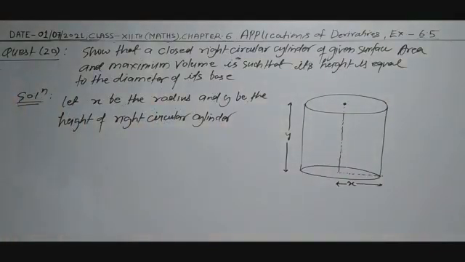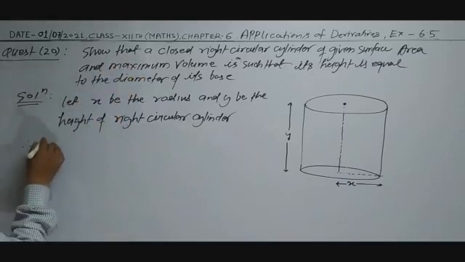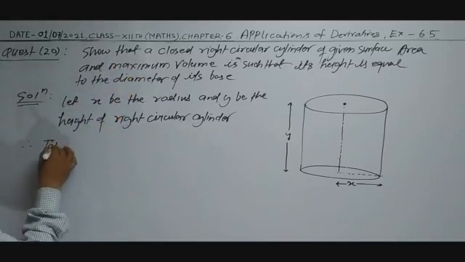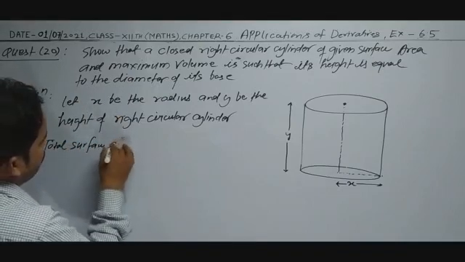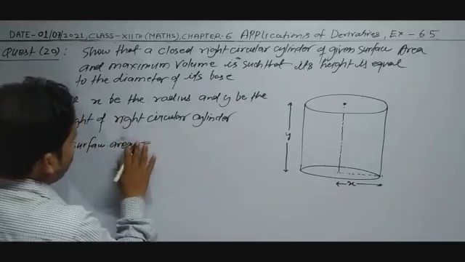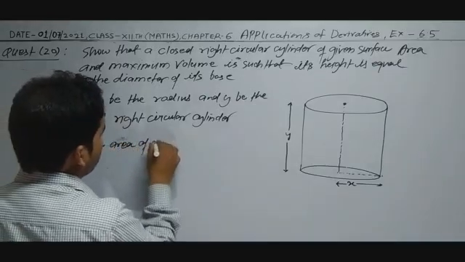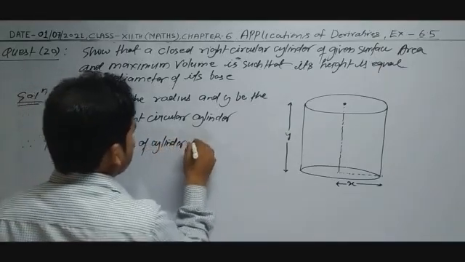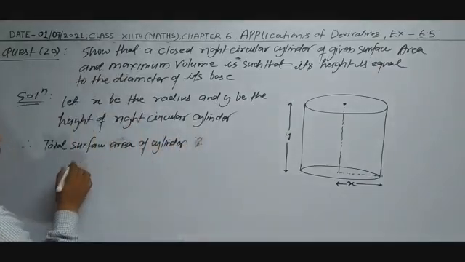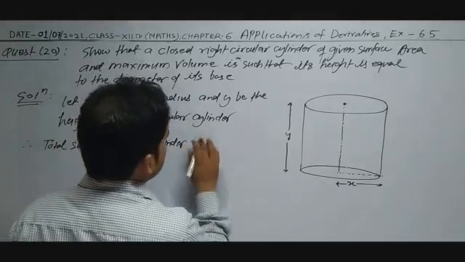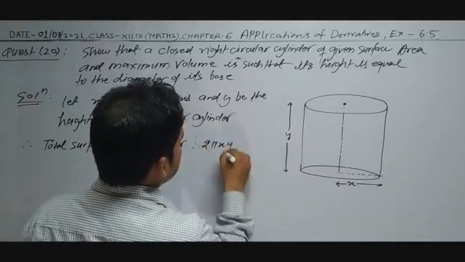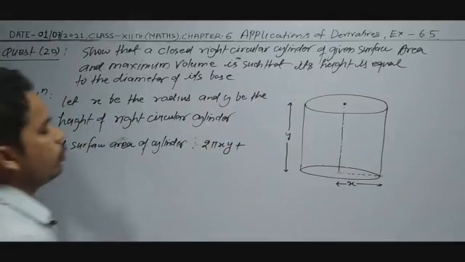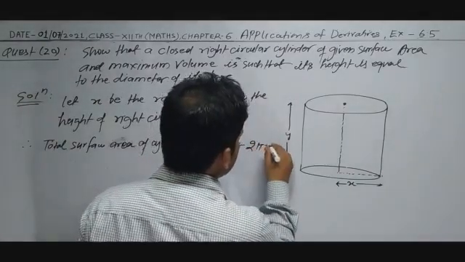So how will you calculate the total surface area? Therefore, the total surface area of the cylinder is 2 pi x y plus 2 pi x square.